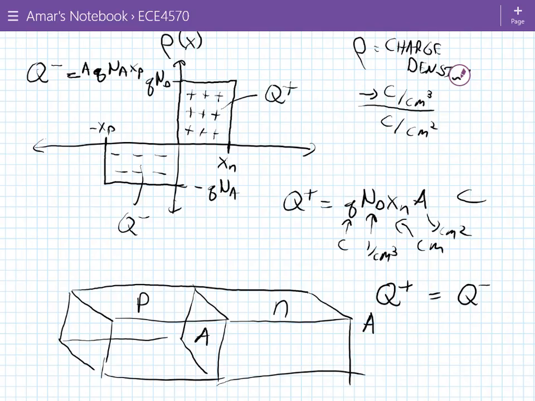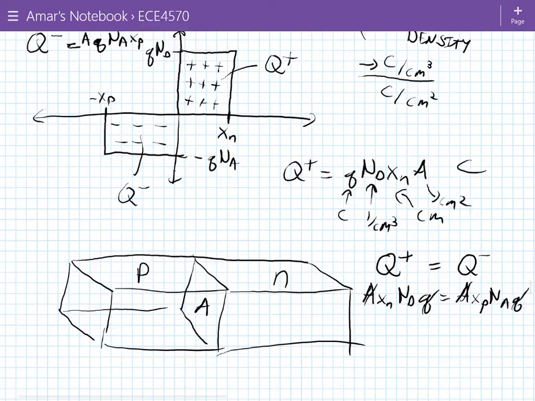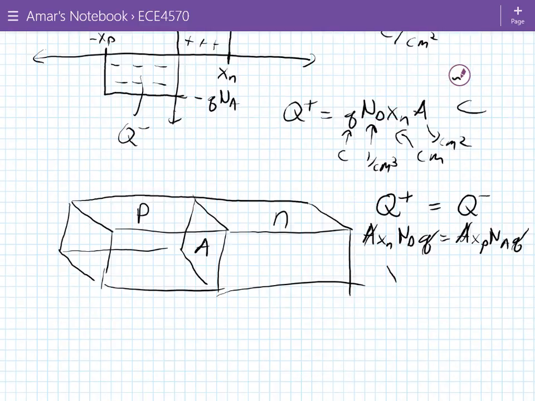A times X sub N, ND times Q is equal to A times X sub P times NA times Q. A lot of these cancel out. Areas cancel. Q cancels. And you're left with this nice formula, X sub N times ND equals X sub P times NA.